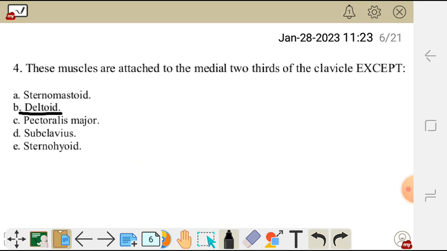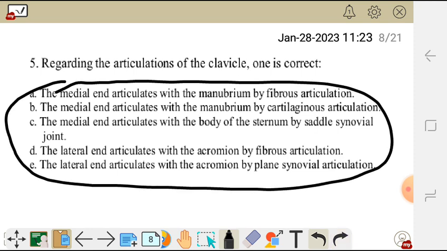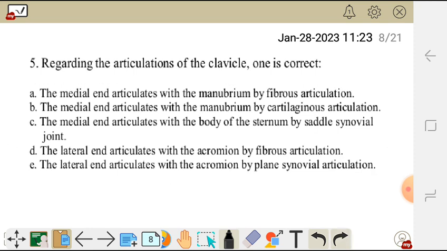We move on to question 5. Question 5 reads, regarding the articulations of the clavicle, 1 is correct. Among all these choices, 1 is correct and the other choices are incorrect. A, the medial end articulates with the manubrium by fibrous articulation.